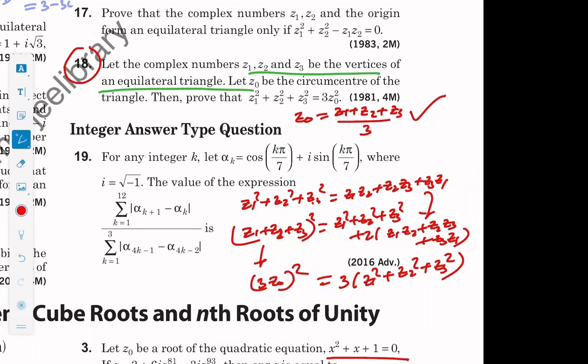If you simplify this equation, you will get 3 times Z naught square is equal to Z1 square plus Z2 square plus Z3 square. Understood?